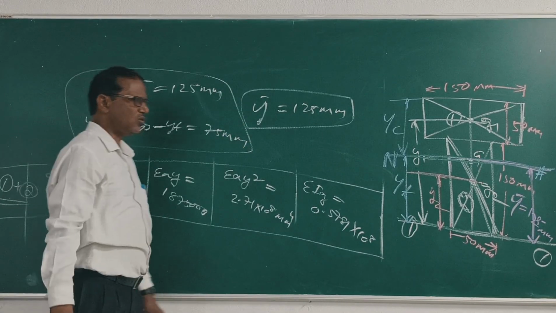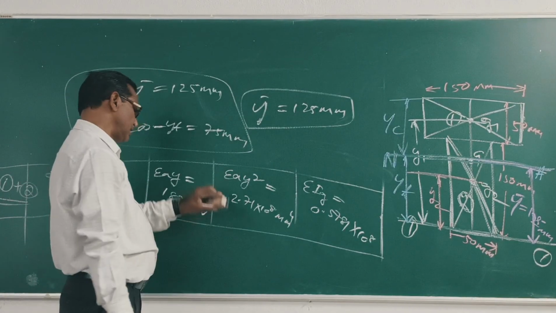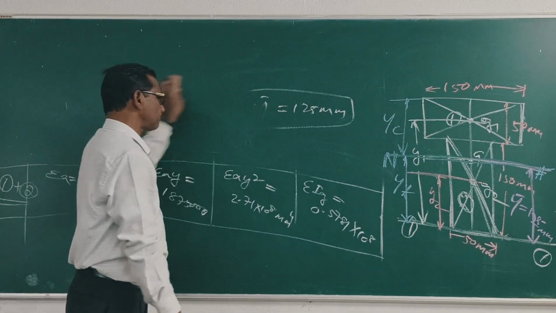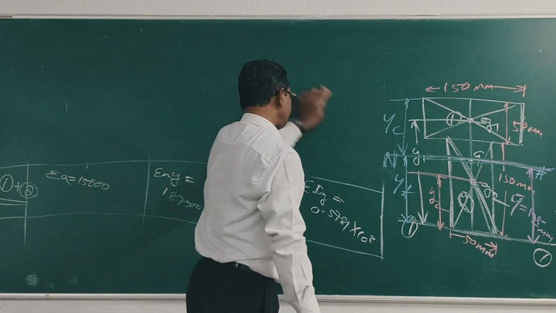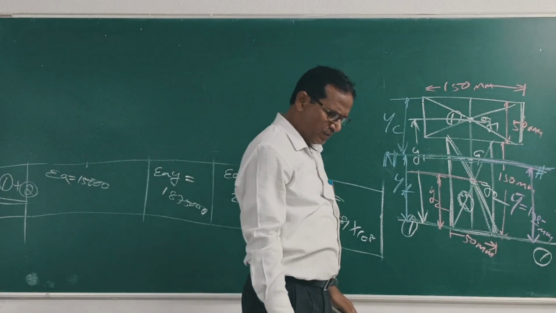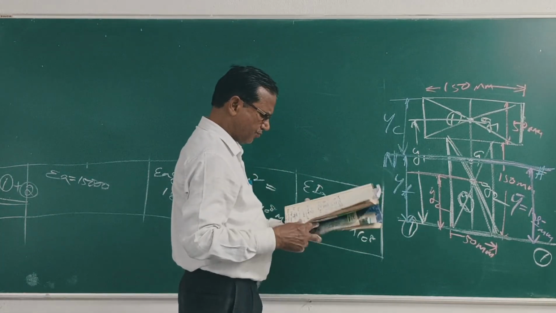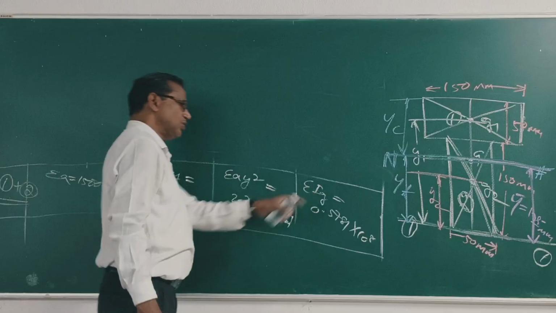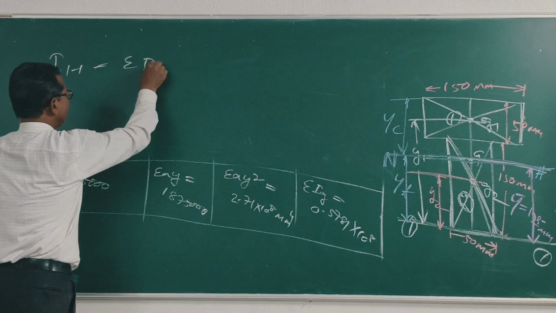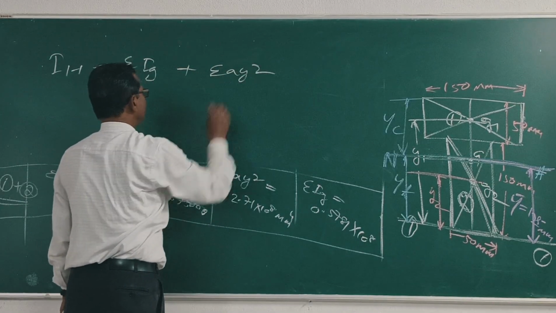Now we have already found out YT and YC. Now we calculate I. So what is I? Now I about the neutral axis is equal to sigma IG plus sigma Ay square.